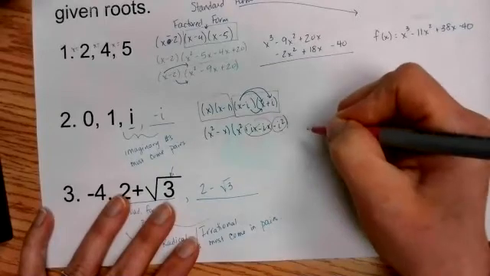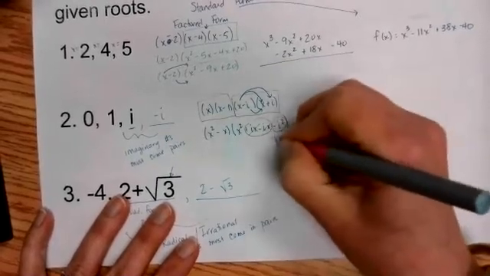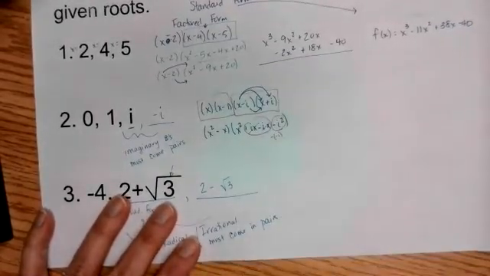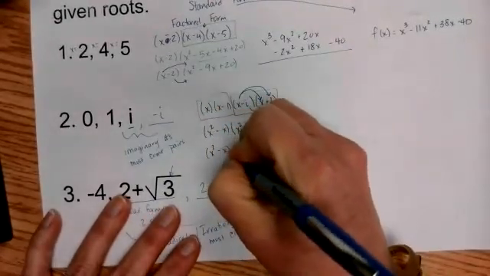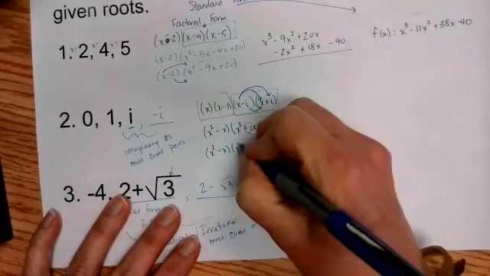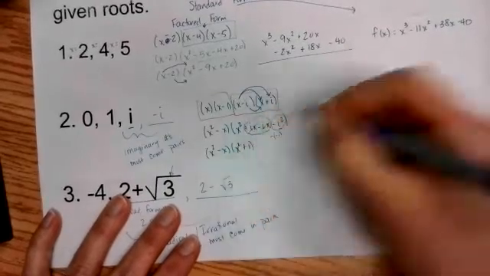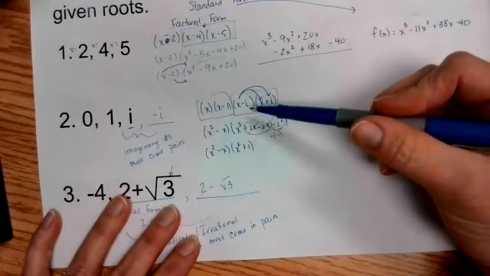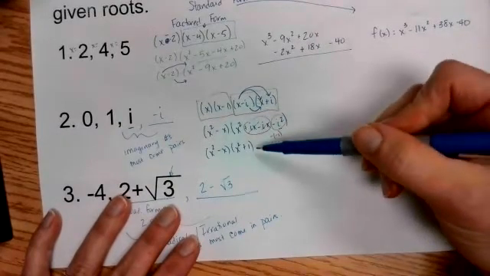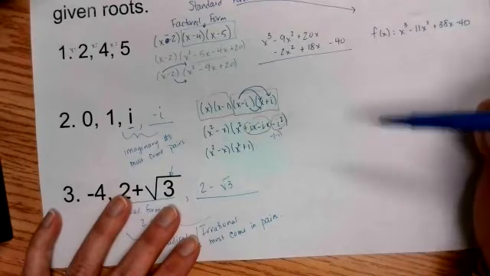My negative i squared is negative 1, so this is negative negative 1, which turns into a positive 1. So I end up with my x squared minus x times x squared plus 1. When you have imaginary numbers with a positive i and a negative i, you get a sum of perfect squares.